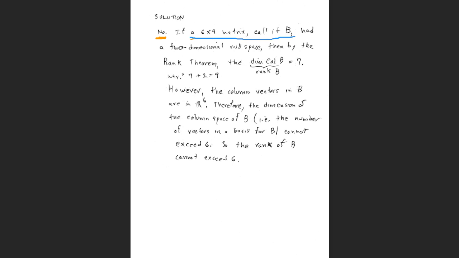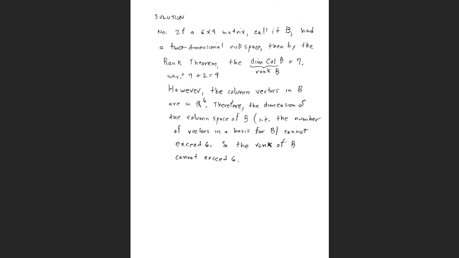If it has a two-dimensional null space, then the rank of B is 7 by the rank theorem. But the column vectors in this matrix B would have to be in 6-dimensional space, R6, because the matrix is a 6 by 9 matrix. So the number of rows is 6, right?